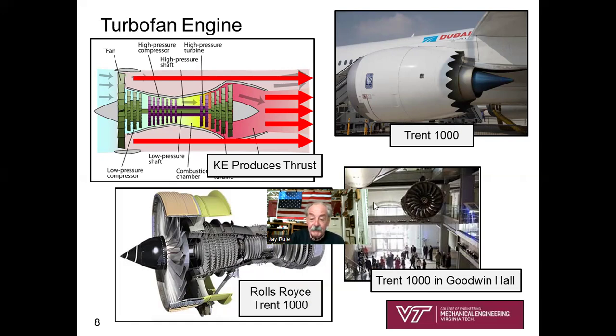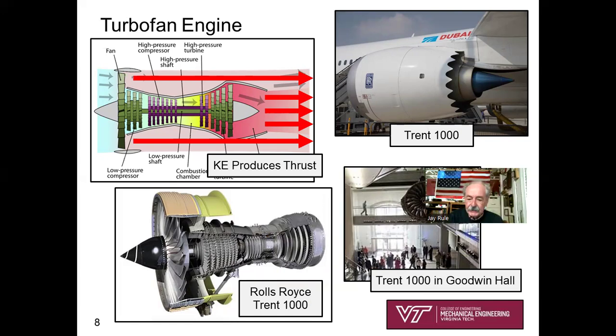So I do recommend you make a visit so you can see with your eyes, where would the compressor section be? Where's the combustion chamber section? Where's the turbine section? Where's the inlet? Where's the outlet? So of course, in this image, we're looking straight down the inlet of the turbofan engine.